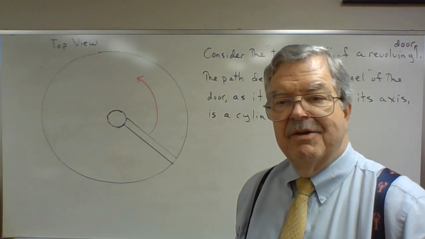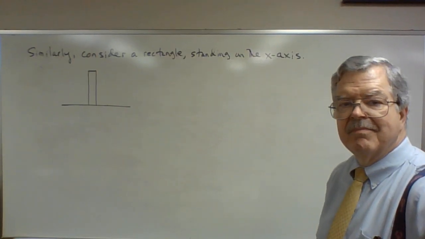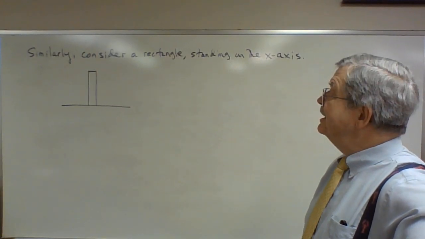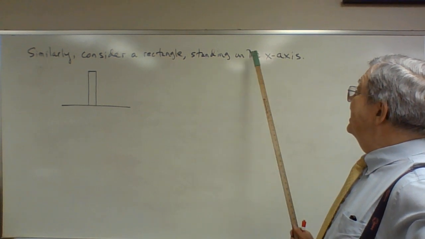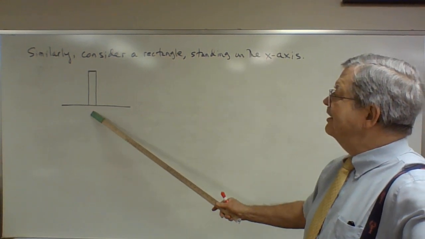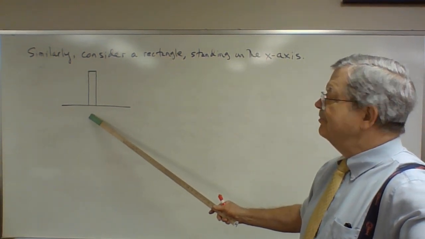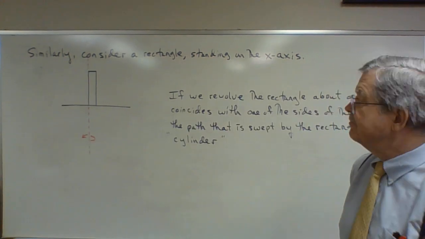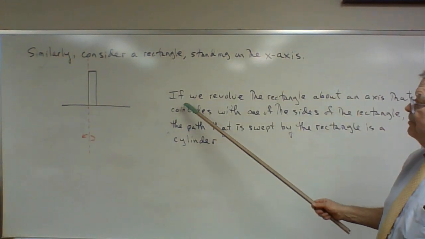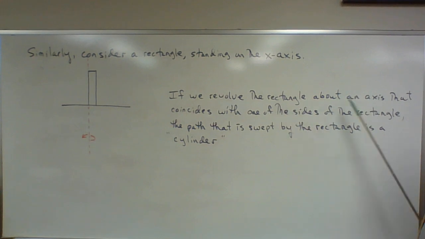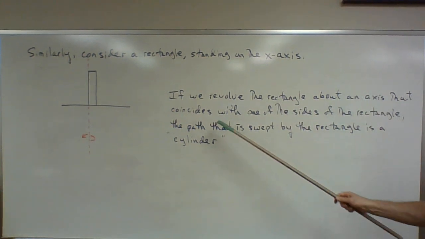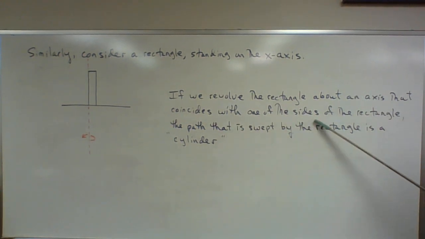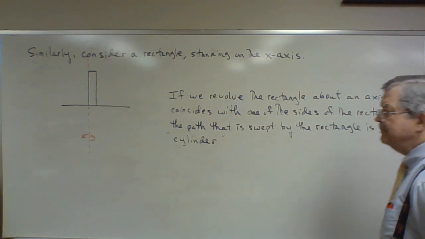Now let's look at another case. Similarly, consider a rectangle standing on the x-axis. Now, suppose we revolve the rectangle about an axis that coincides with one of the sides of the rectangle.